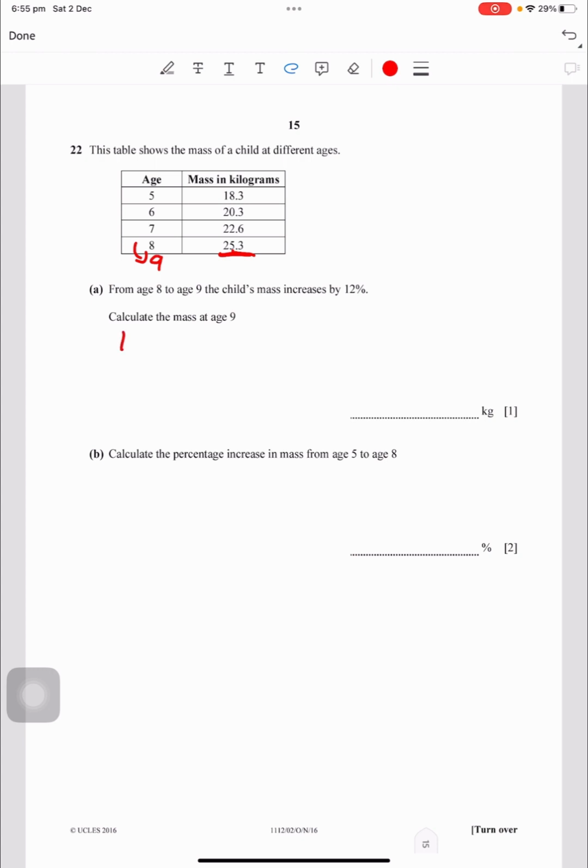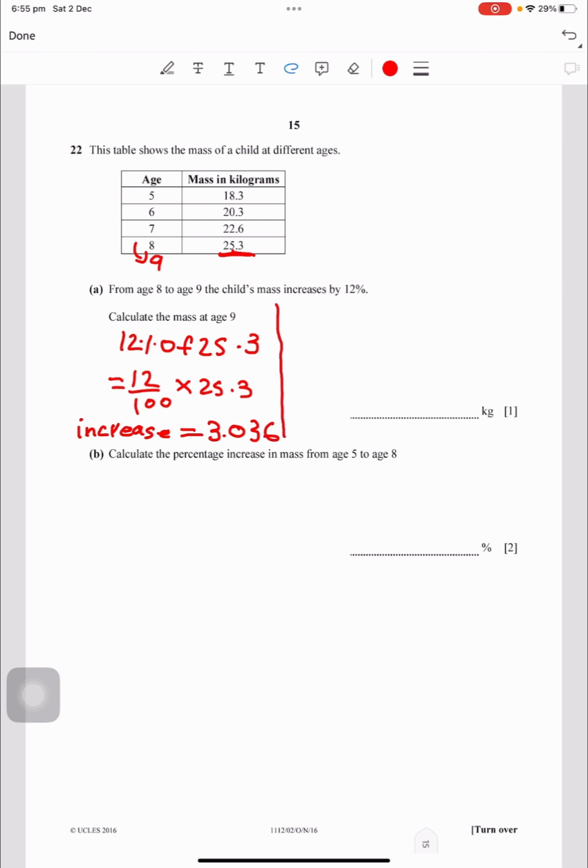We need to find 12% of 25.3, which is equal to 12 by 100, times 25.3. So the increase is equal to 3.036 here.